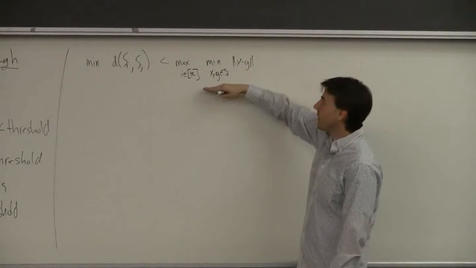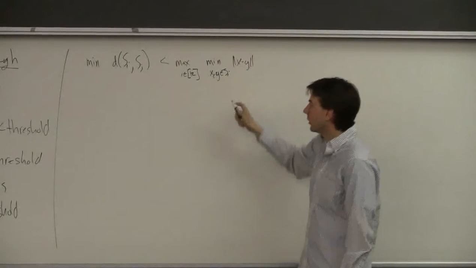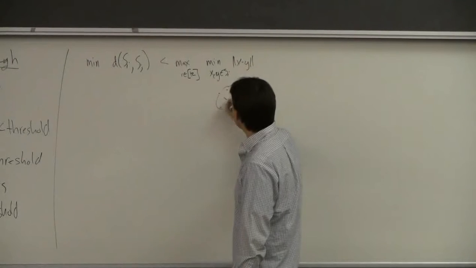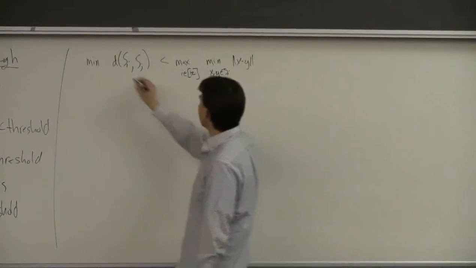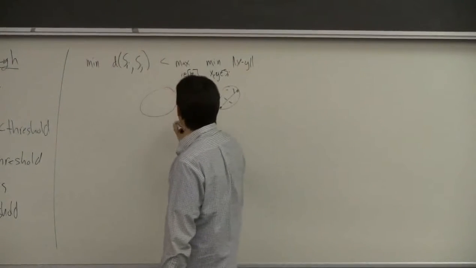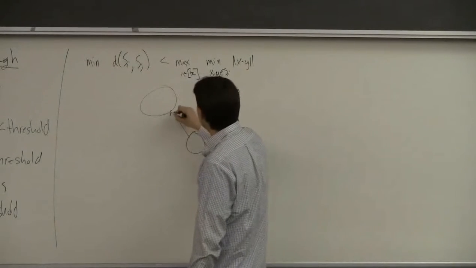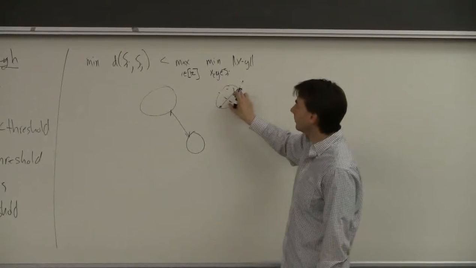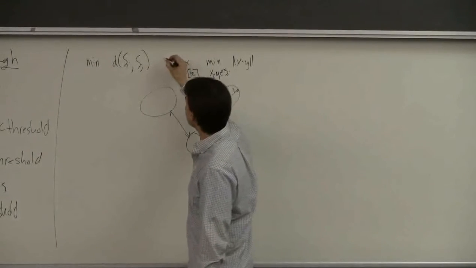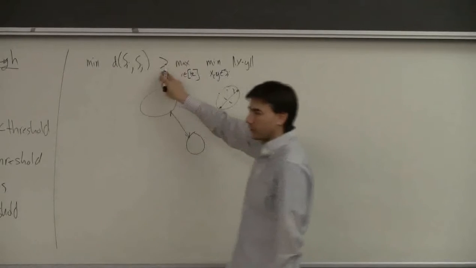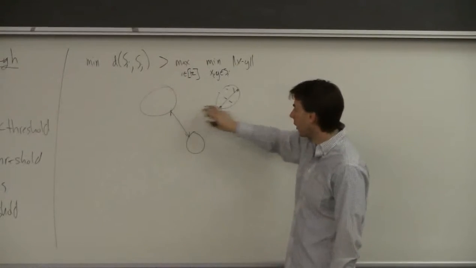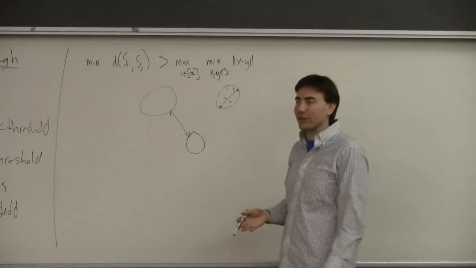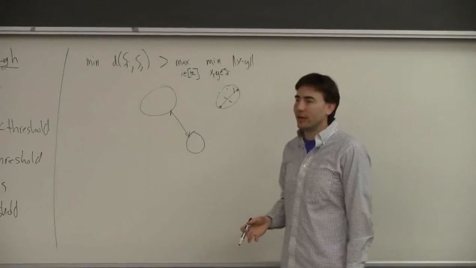So this is the maximum distance between any two points in the cluster. I have these points, it's the furthest two points here. And then this is the distance between two clusters. They may not be the same cluster, and I want this property to hold, or I want this distance to be larger than this distance for any cluster. Yeah, that seems like it could be a very reasonable thing to say.